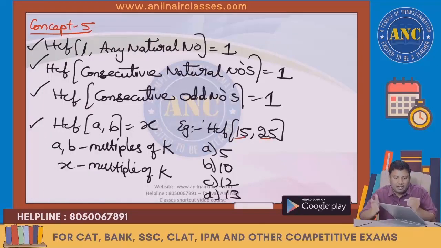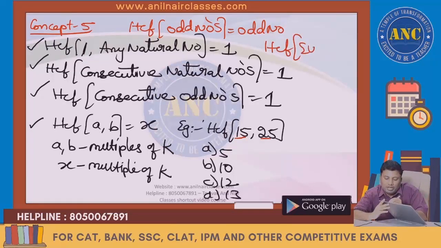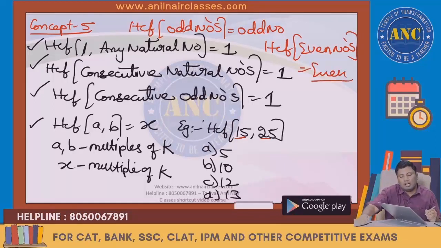Another important point: HCF of odd numbers is always an odd number. HCF of even numbers is always an even number. It cannot be even.